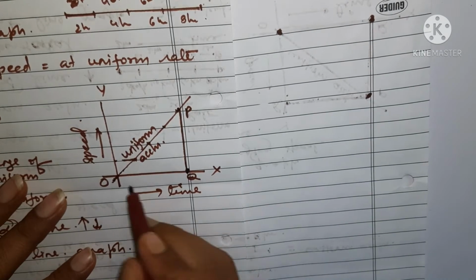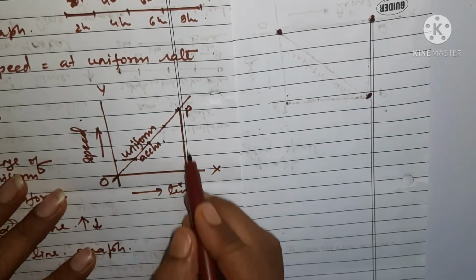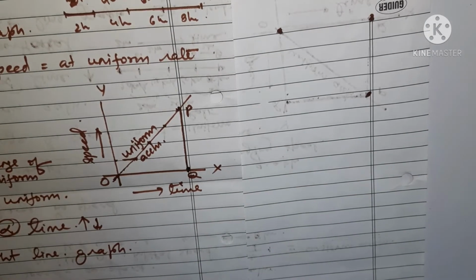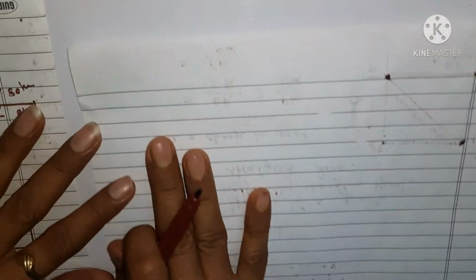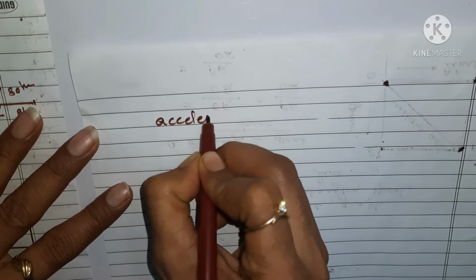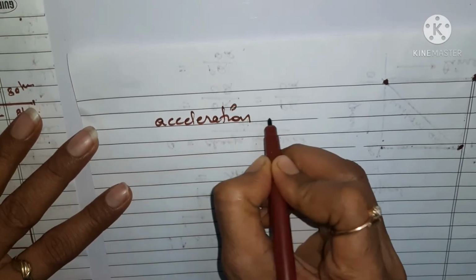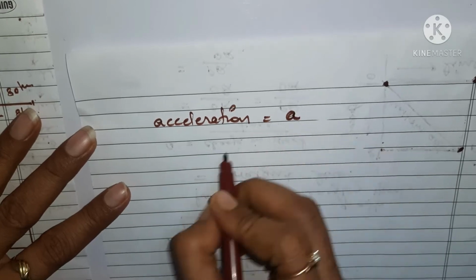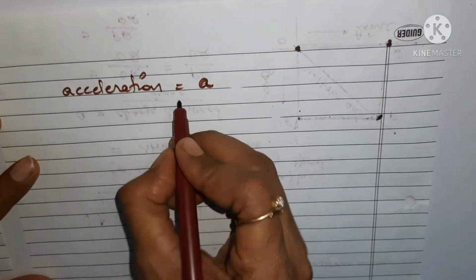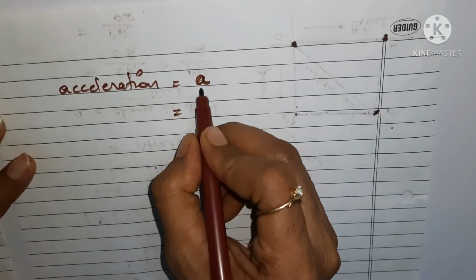Now you can see we are getting a triangle in this case. Now let us try to find out the acceleration from this graph. So how to find acceleration? By the definition of acceleration, if we take acceleration as A, what is the definition?